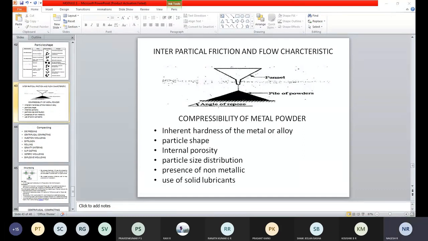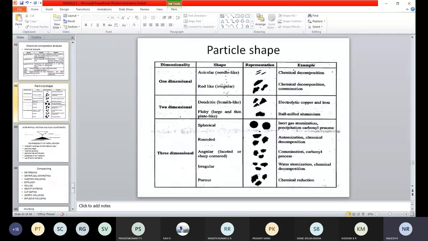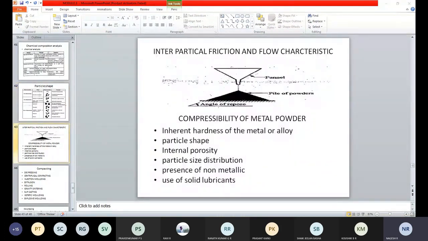You have come across many different sizes and shapes: needle, irregular, branch-like, large and thin. The compressibility depends on the sizes and shapes, and if we have more irregularities, the powders will show less compressibility.